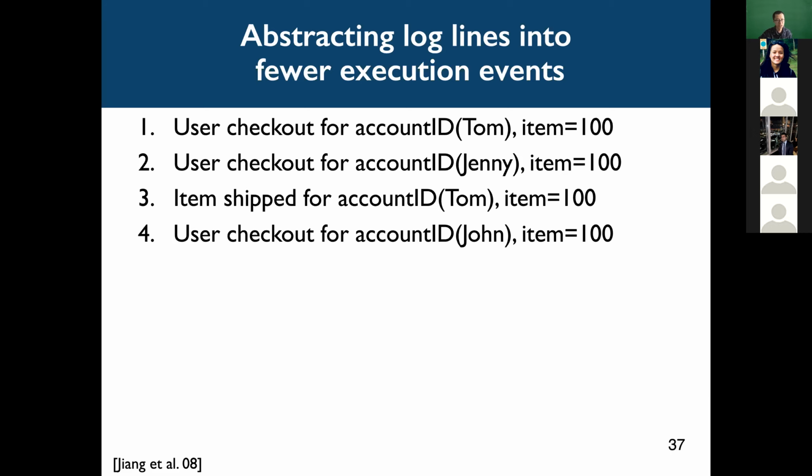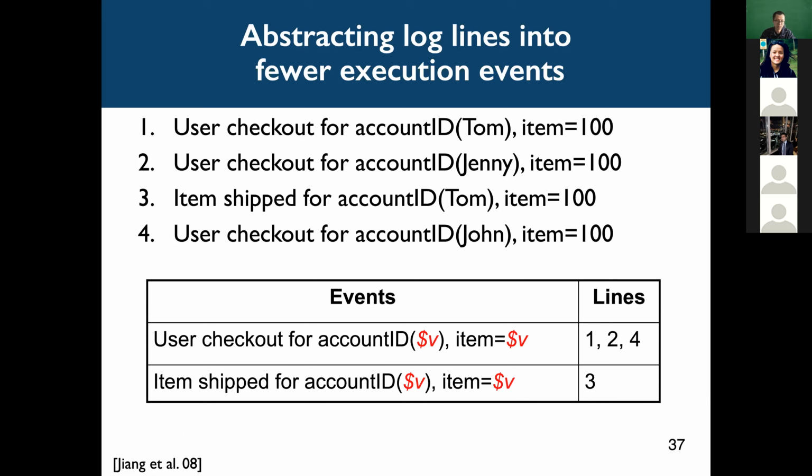So log abstraction is about abstracting the log lines into fewer execution events. Log line 1 and log line 2 have the same execution event. Let's see how it works. If you look at this table, we only have two log events here.